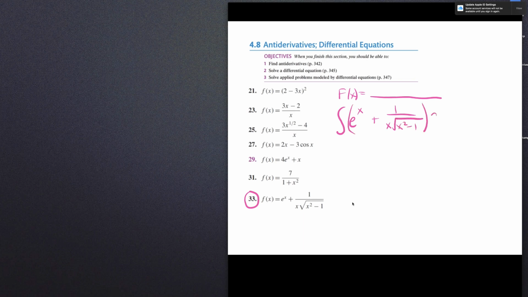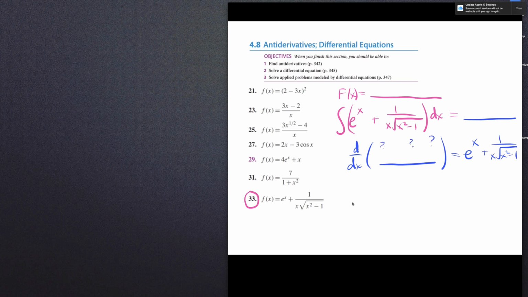Now you're looking for the answer, and the answer is what could you take the derivative of to get e to the x plus 1 over x square root of x squared minus 1. That's what we're looking to do.